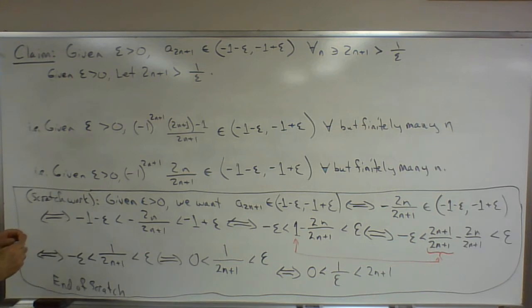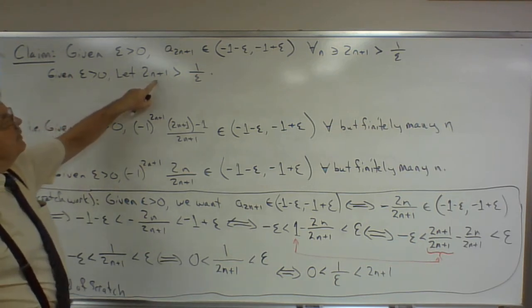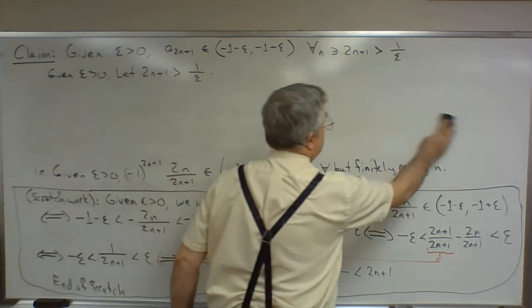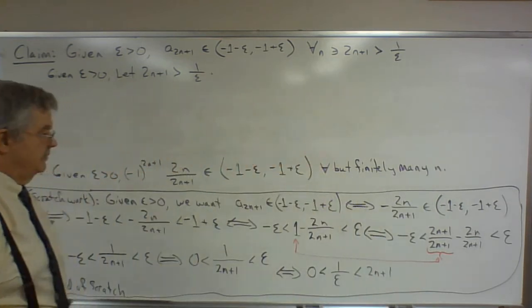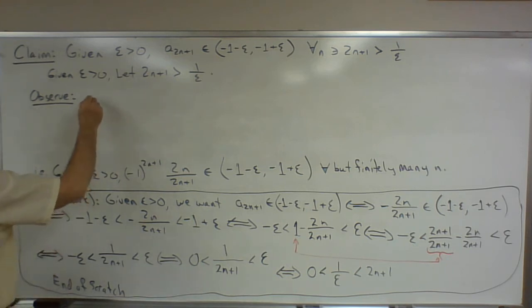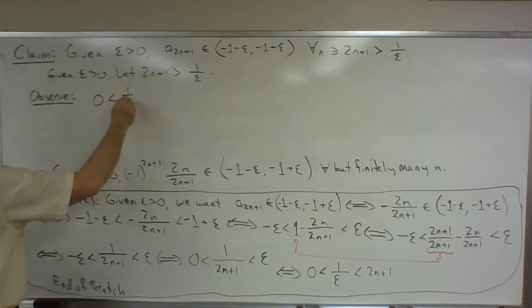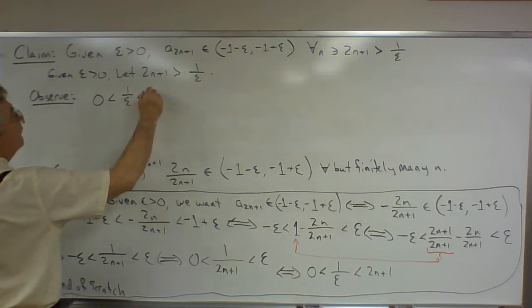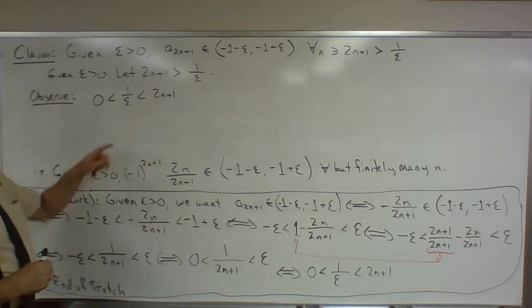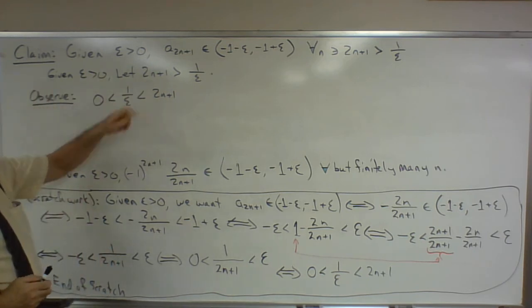So to see this, we'll just let the hypothesis be given. Let epsilon greater than 0 be given. Let 2n plus 1 be greater than 1 over epsilon. This is true by our hypothesis.